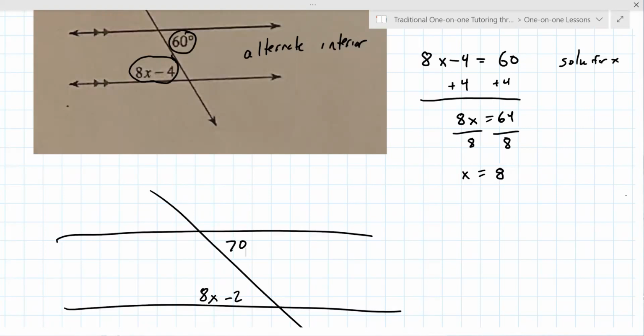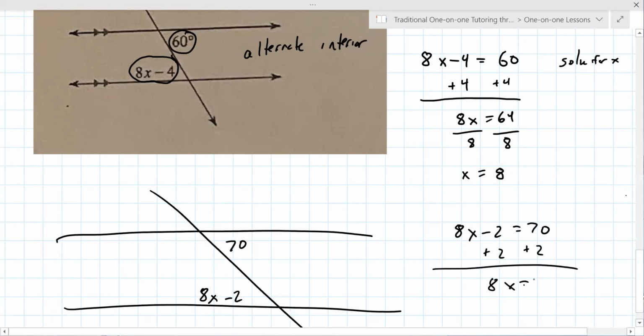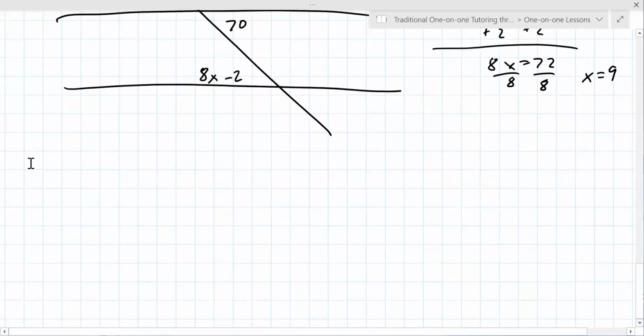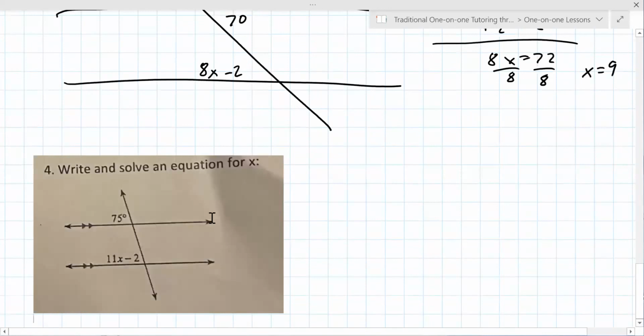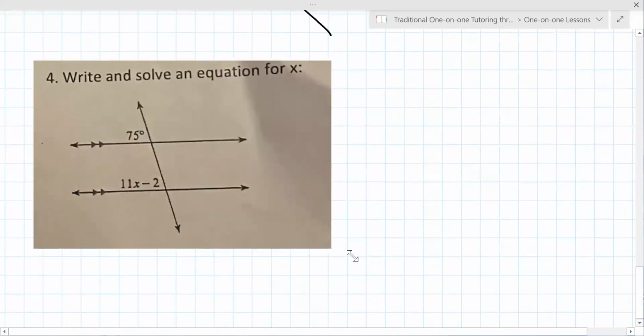The answer is 9, I believe. Yeah, x equals 9 is correct.